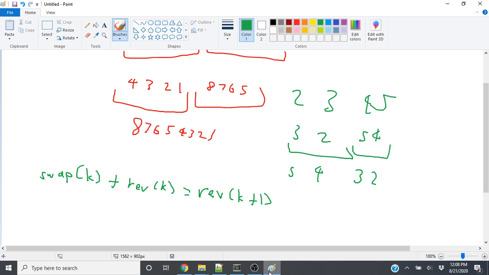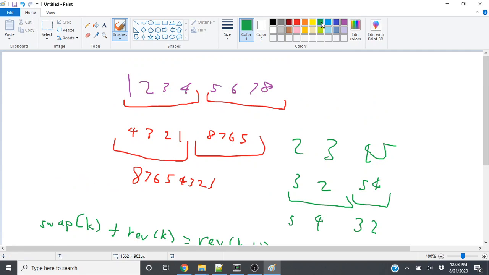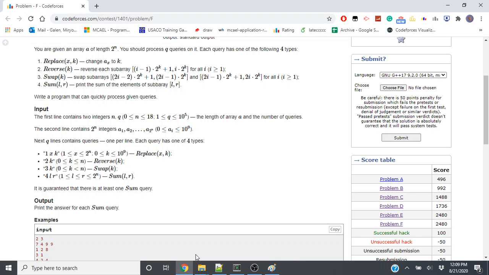If we do something else weird, like a swap 2 and then a reverse 4 or something. So we have 2, 1. My guess is that you can kind of bunch up a bunch of operations into one. No, it's kind of weird what happens here.